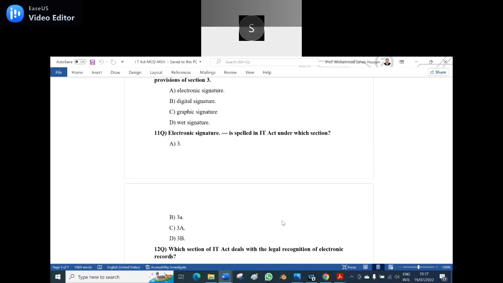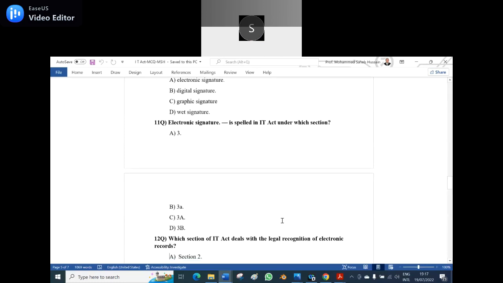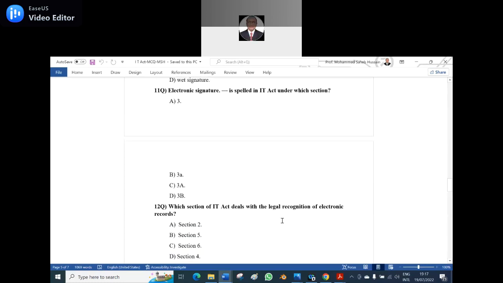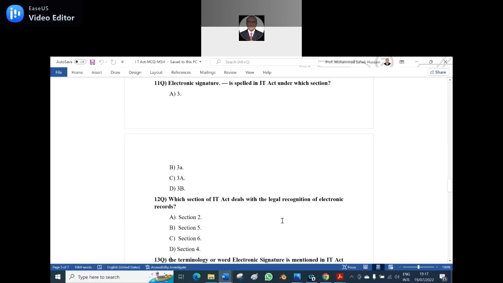Wrong. Shoot the second option. Option C, 3 capital A. That means option C, 3 capital A is the right answer for the 11th question.